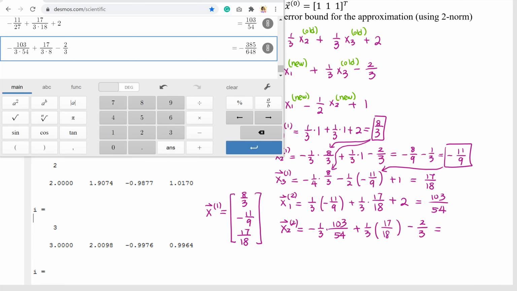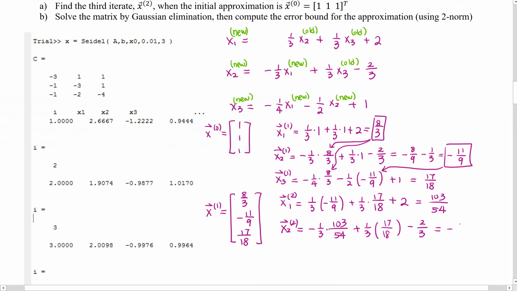Oh, you see? Here, this is 18. I pressed A, but sometimes my button doesn't show up here. Oh, so the answer is minus 80 over 81. Okay, so that's x2. Luckily, we only need to find x2. We don't need to do 3 iterations.